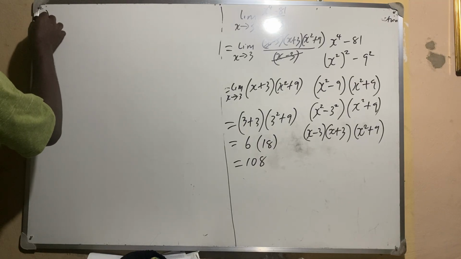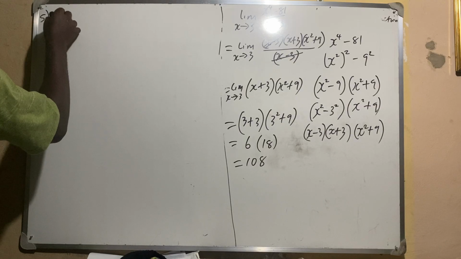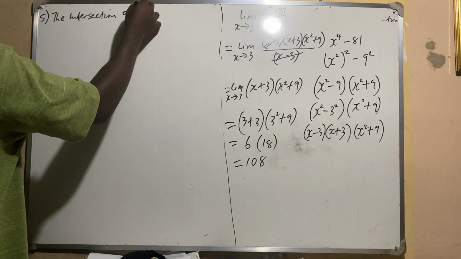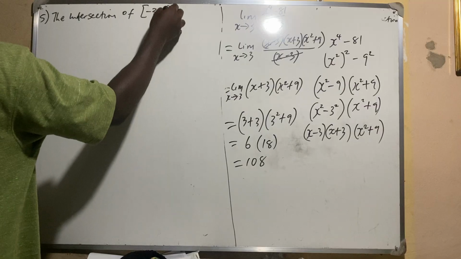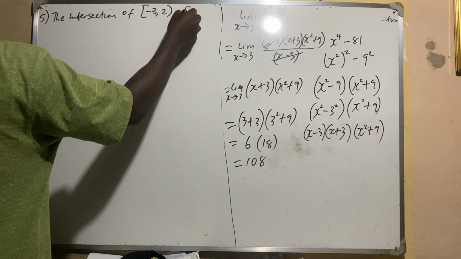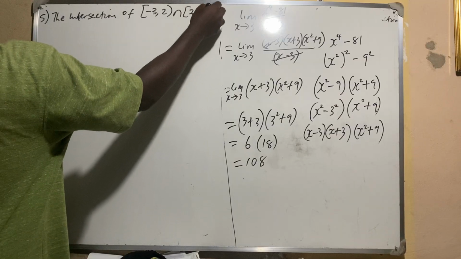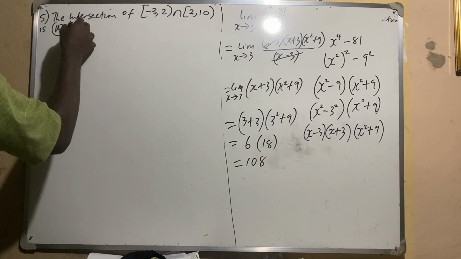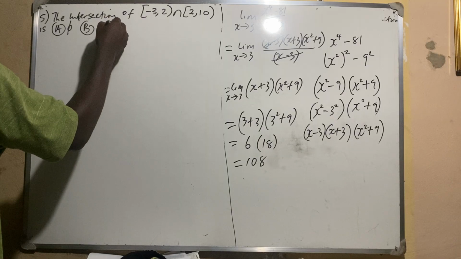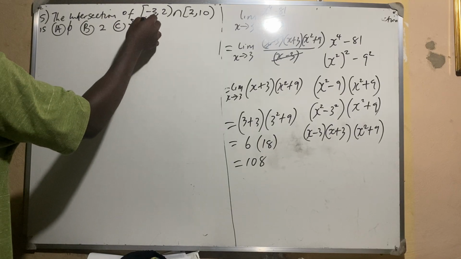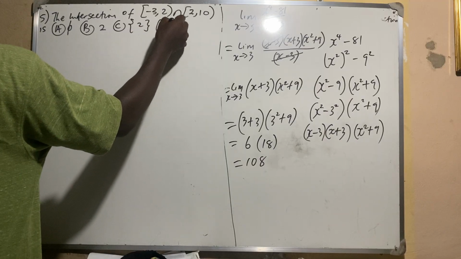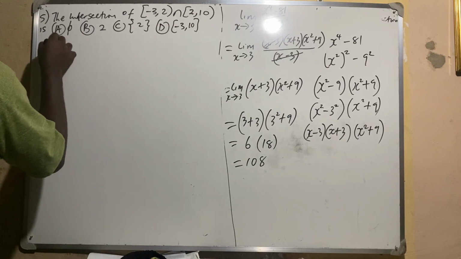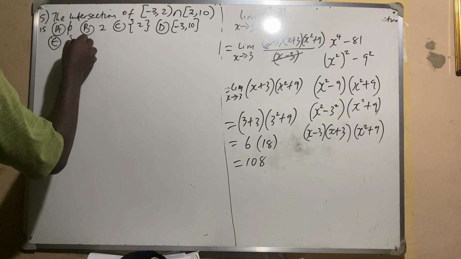Question number 5 said the intersection of (-3, 2) and (2, 10) is: option A, empty set; option B, 2; option C, the set of 2; option D, (-3, 10); option E, [2, 2].